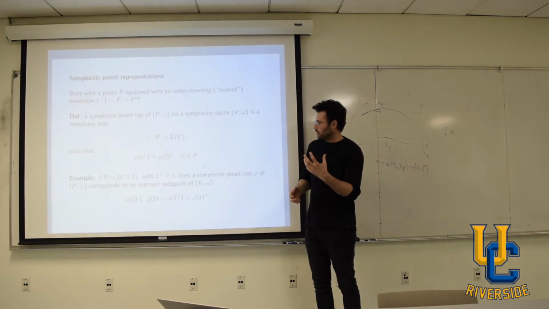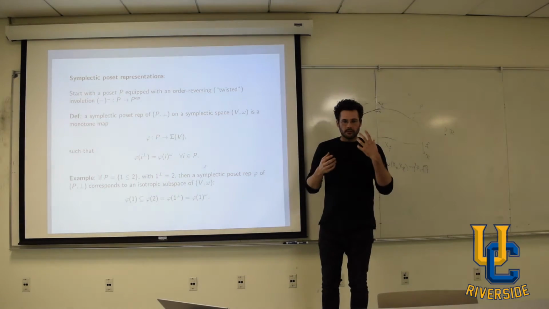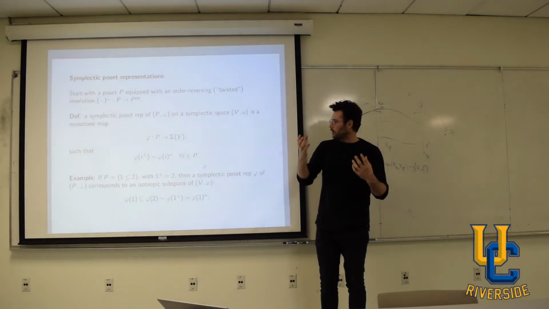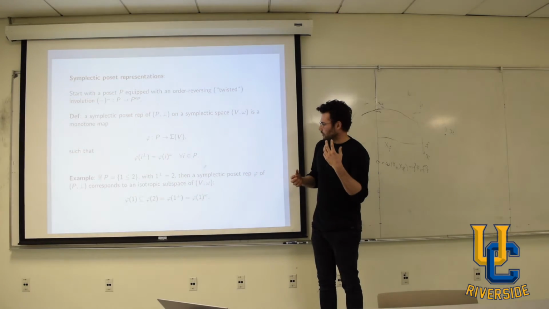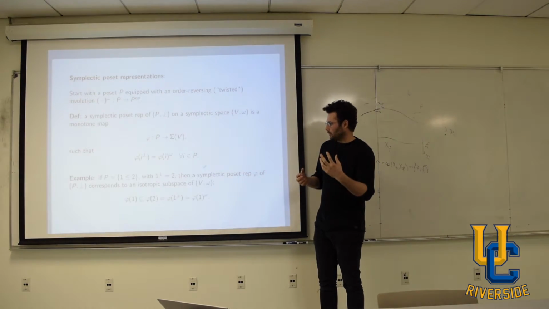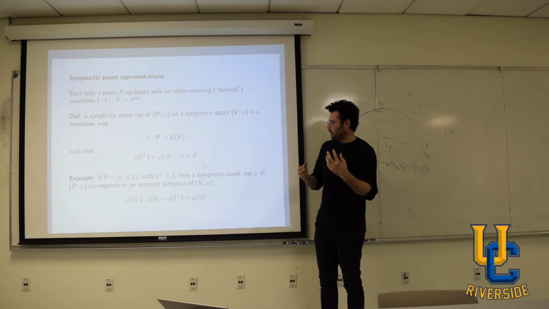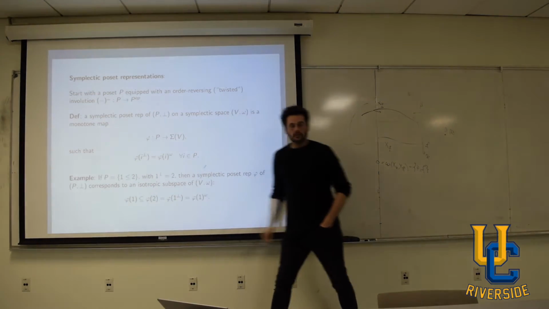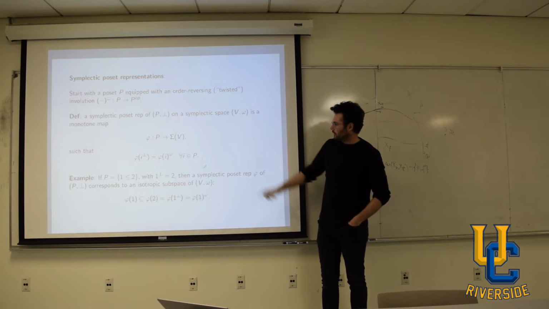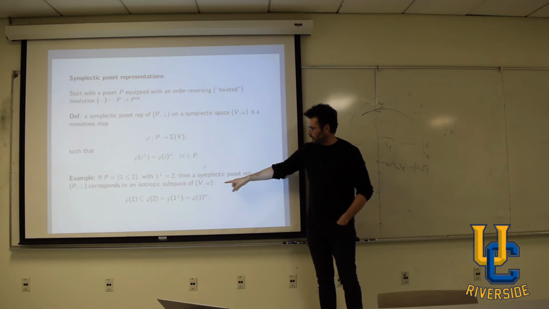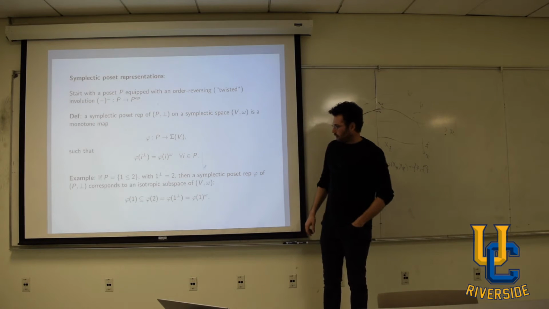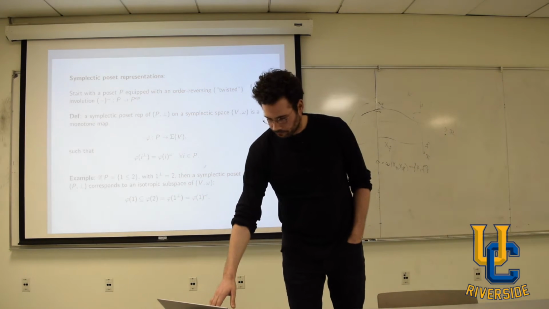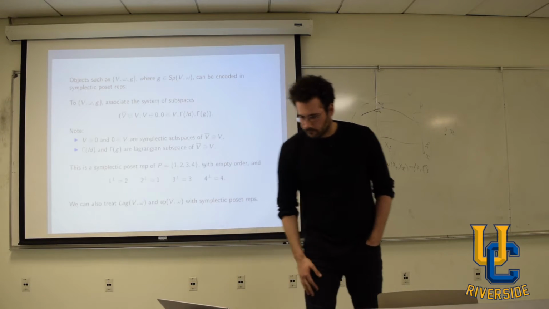So U is isotropic when it's contained in its orthogonal, so we associate the isotropic subspace to 1 and its orthogonal to 2. So we want this ordering that 1 is less than 2, and the fact that the poset representation respects these involutions, of course, encodes that it's isotropic.